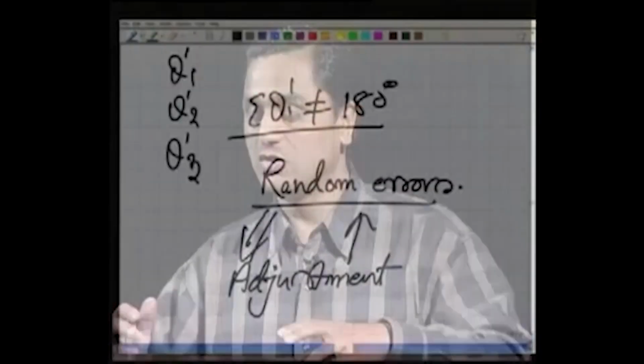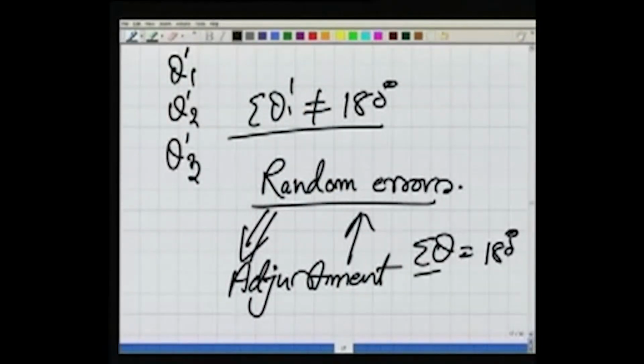We adjust it so that our condition sigma theta is 180 is satisfied.